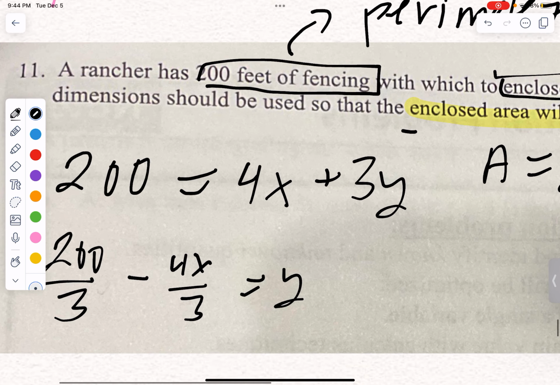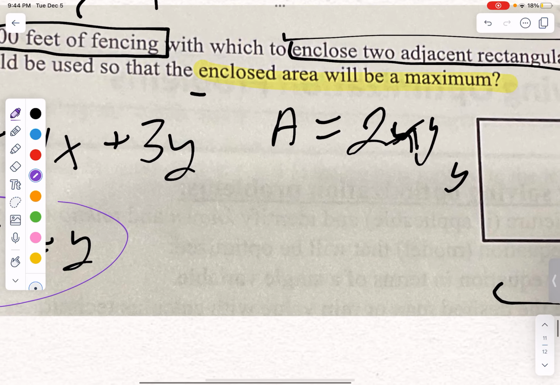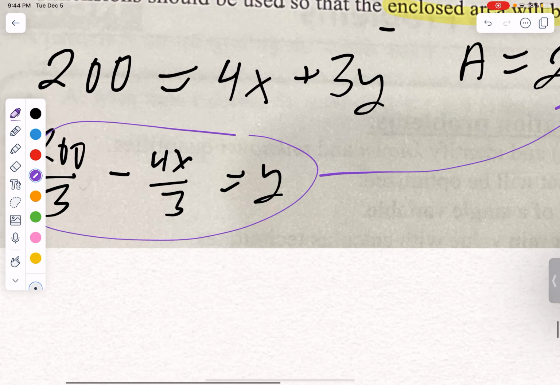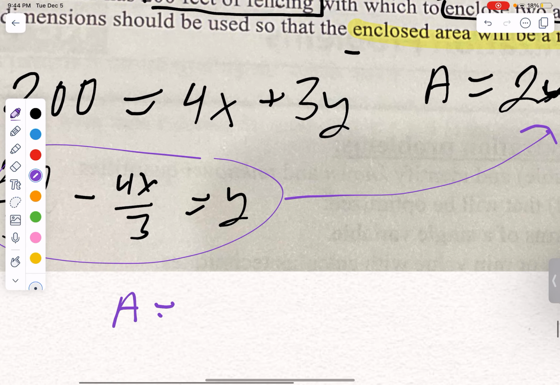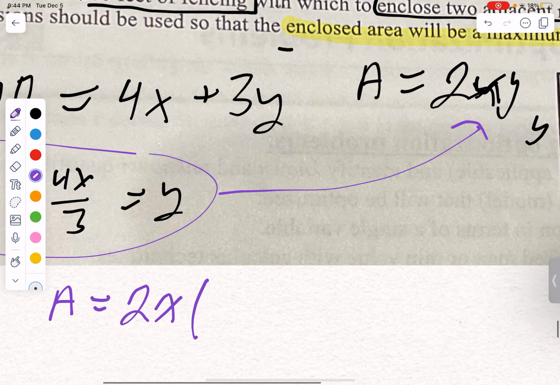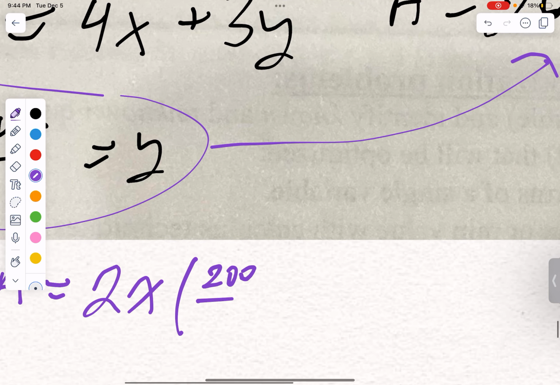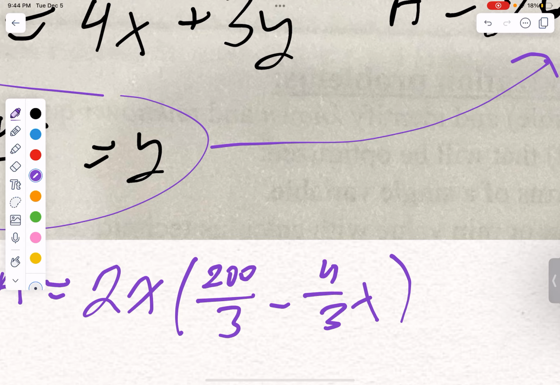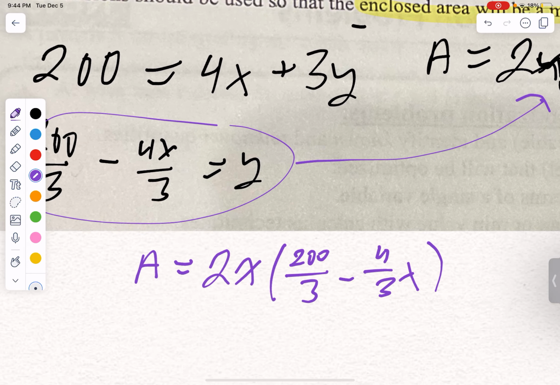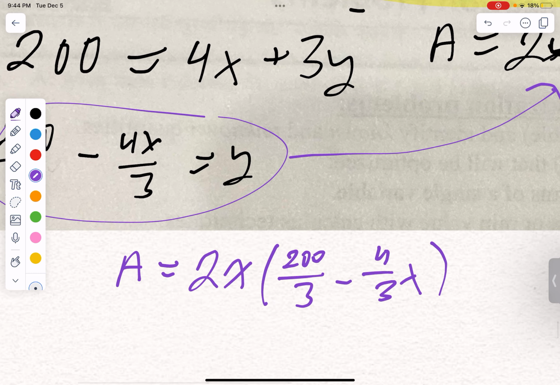What we're going to do is plug this in for the y in the area equation. So I'm going to rewrite this: A equals 2x times 200 thirds minus 4 thirds x. That sets us up for our area.